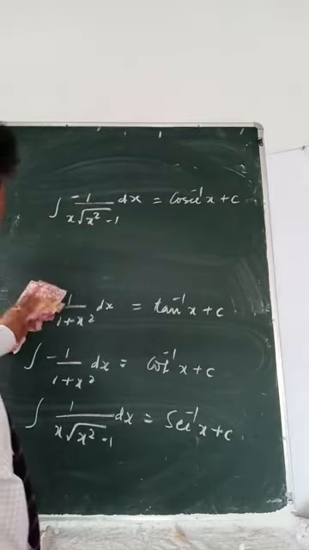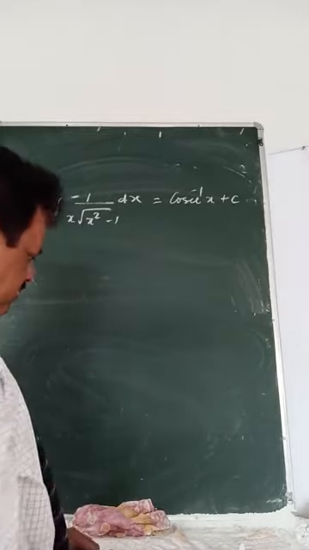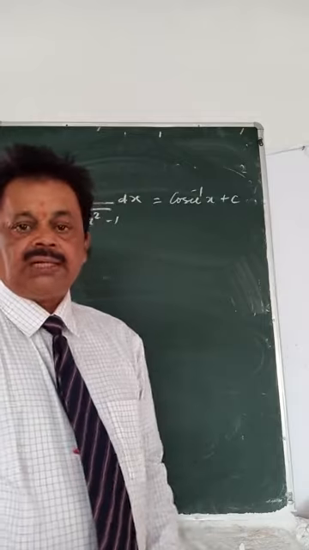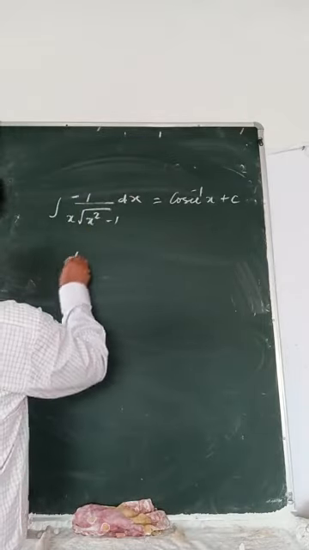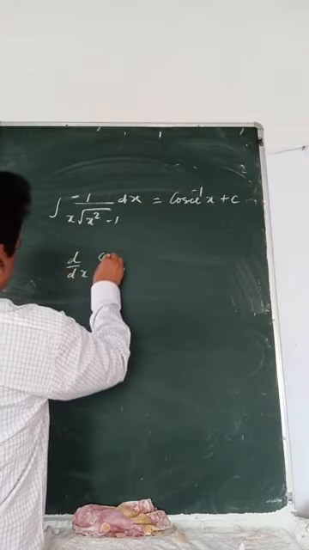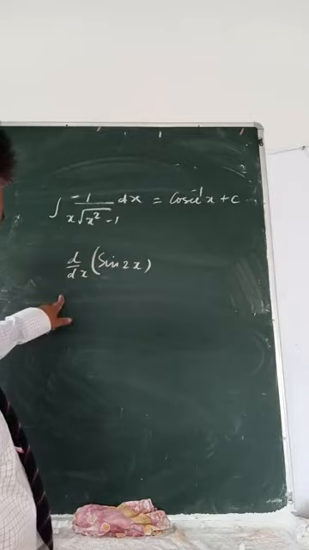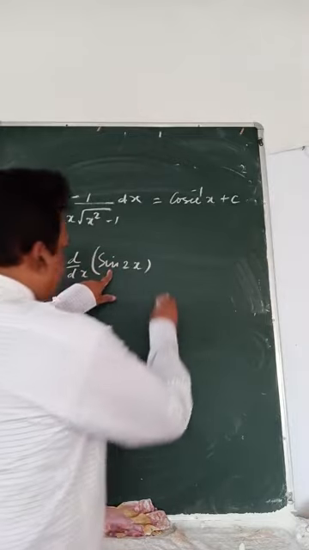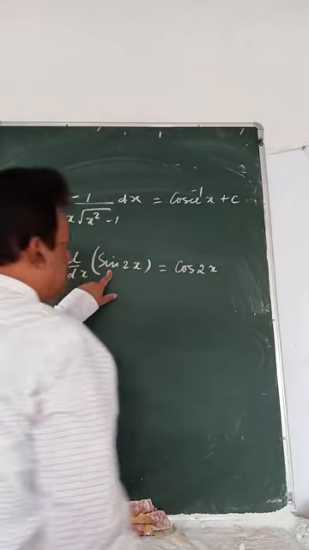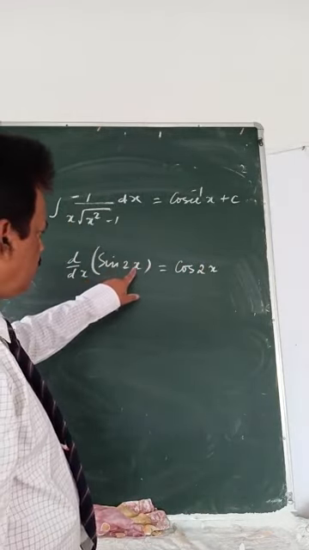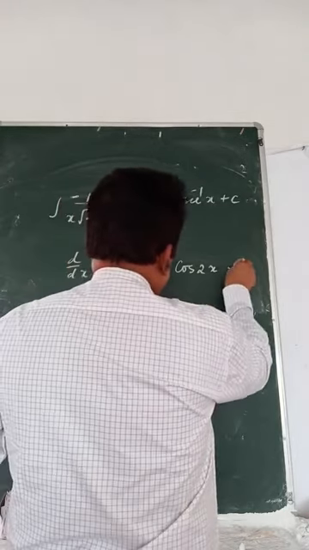Now I have to talk about the chain rule. That is very important for us to understand, because your integration will start with the chain rule formula. Like, we know the derivative of sin 2x. Chain rule means first you find the derivative of sin, that becomes cos 2x, and the derivative of 2x you have to multiply.